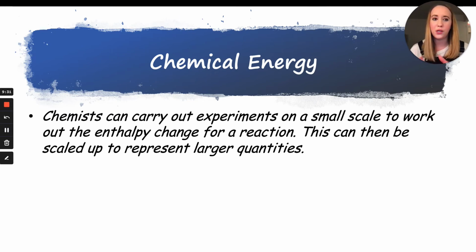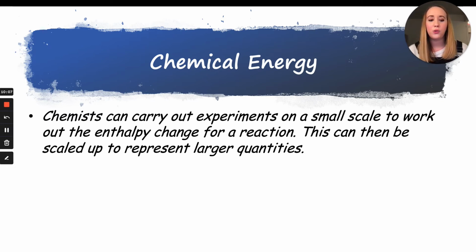So they'll do the same reaction, the same process, same conditions, but with much smaller quantities of the chemicals. They can carry out those experiments, and work out the enthalpy change for that reaction, and then scale that up to represent the larger quantities that would be used in reality. So there can be some experimental work involved in working out the enthalpy change, and that's something we're going to look at in today's lesson, is one way that we can do that.